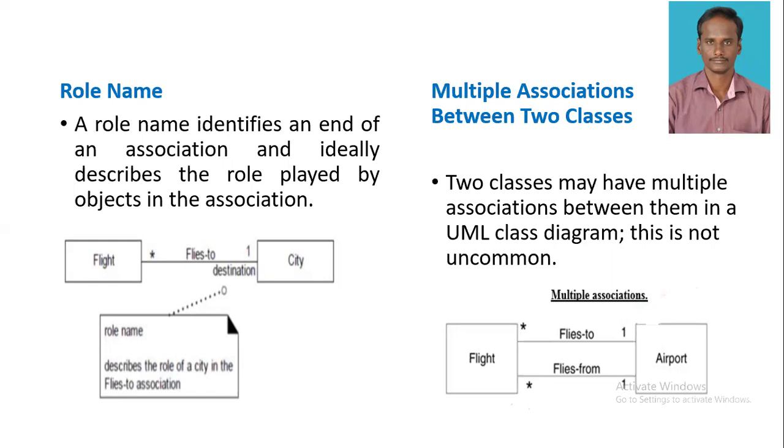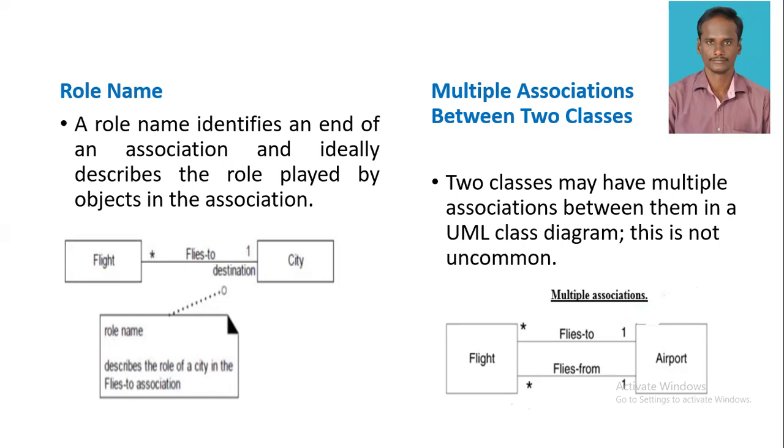Here the role name is destination for City. The role name describes the role of a city in the flies-to association, whether the city is a source or a destination. Source is different and destination is different. So as per this example, a flight flies to the destination city. That is actually role names. It identifies the end of an association. The destination is mentioned at the end of the association.